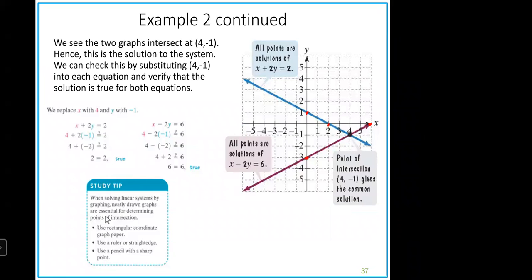So they suggest that you make sure to use graph paper, use a ruler or straight edge, and use a pencil with a sharp point. Those help to ensure accuracy with your graphing. Okay, so that's one approach we can use to solve a system of linear equations to find a solution that works for both.